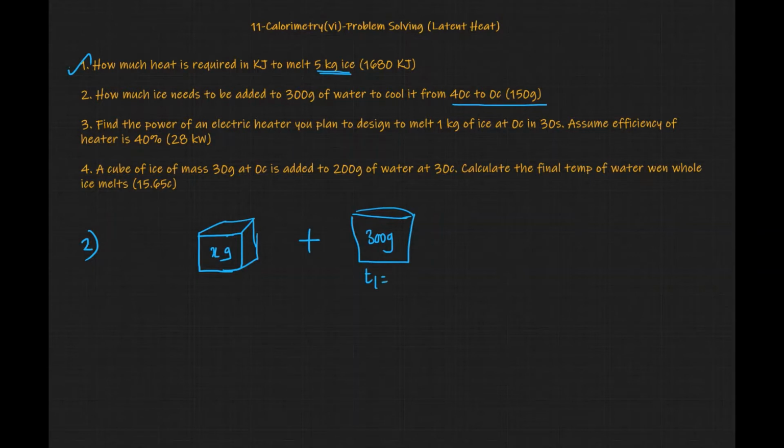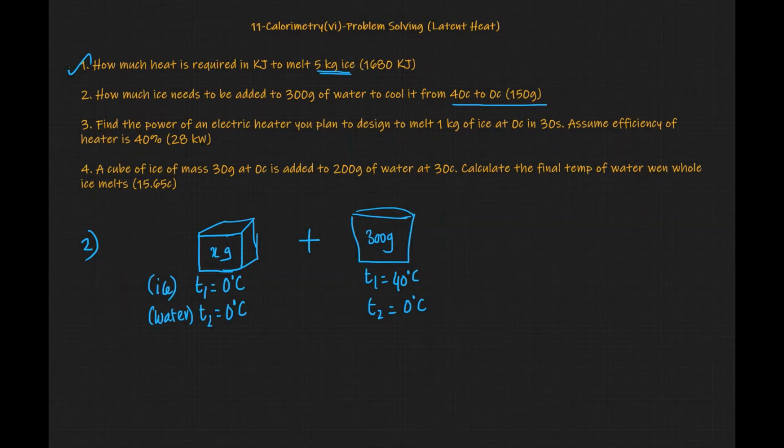Here T1 is 40 degrees Celsius, T2 is 0 degrees Celsius, and here T1 is ice. If it is not given, you can assume ice is at 0 degrees Celsius. You can say ice to water, T2 is also 0 degrees Celsius.